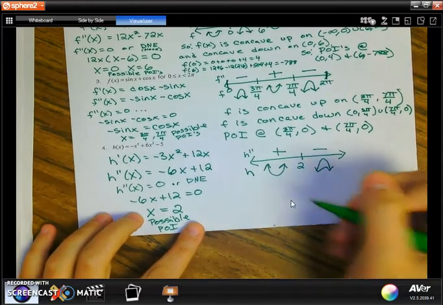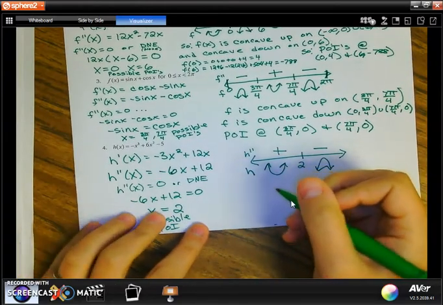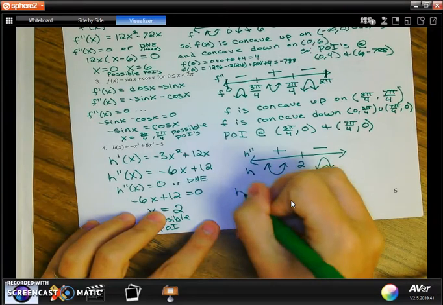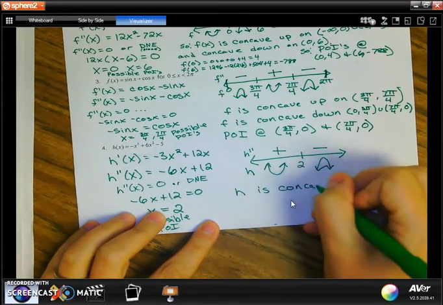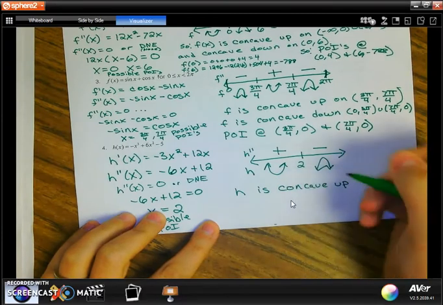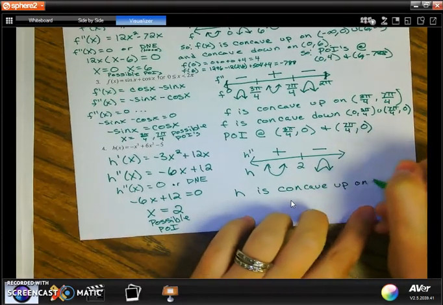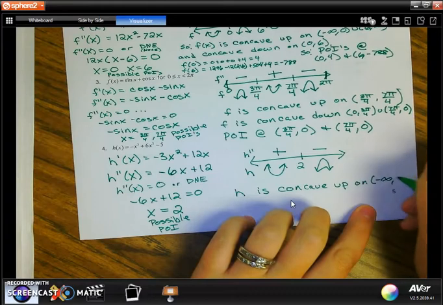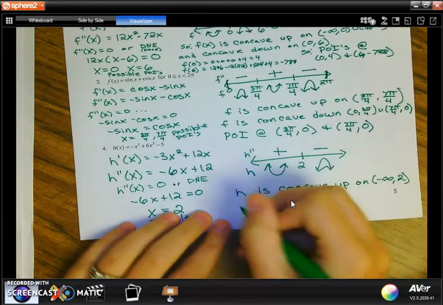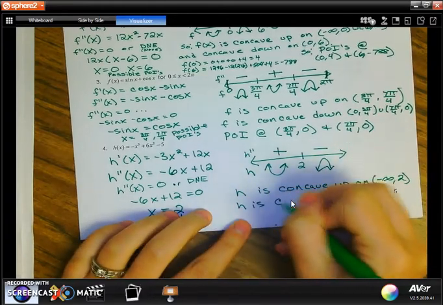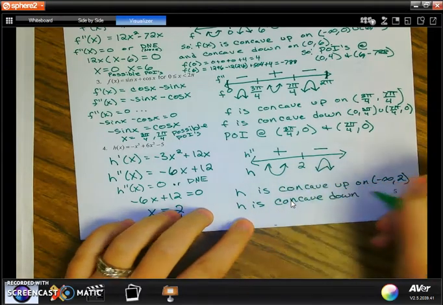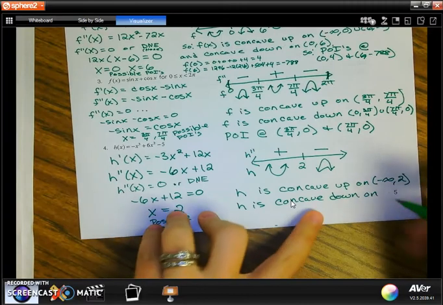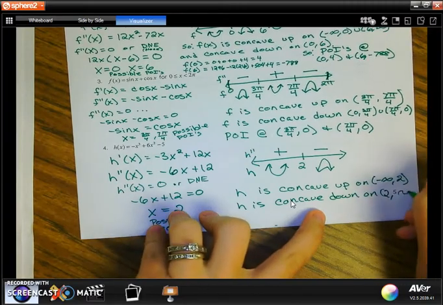And so it is asking me, I can say that h is concave up on the interval negative infinity to 2, and h is concave down on the interval 2 to infinity.